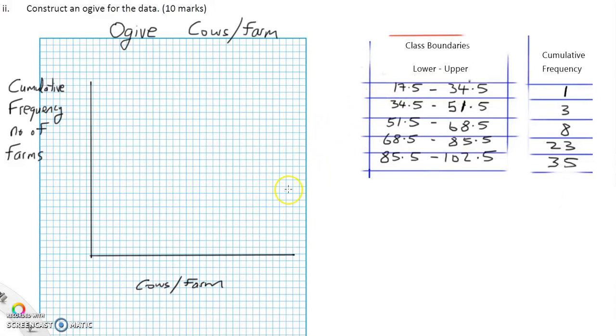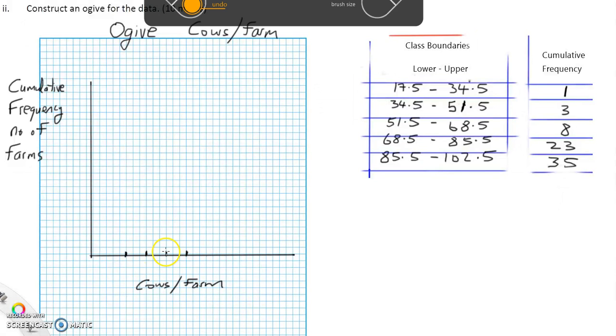We have 5 classes, so we're going to have 5 data points, and we're going to be using the upper class boundaries, right? So we put a little mark here, 3 more there, that's the second one, 3rd, 4th, 5th. Maybe we could have used 4 marks and spread out a bit better, so I'll just go back on them.